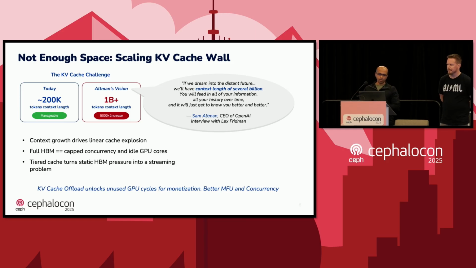So it's a newer, modern unit of measuring model performance and GPU performance. To improve MFU and concurrency, KV cache offload becomes necessary.